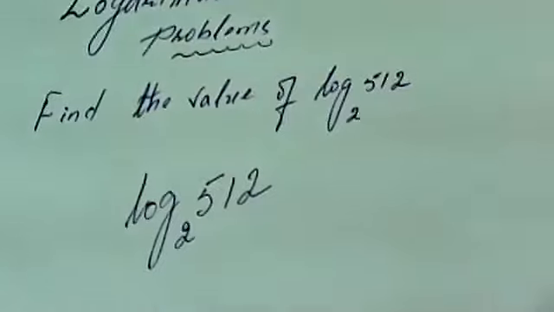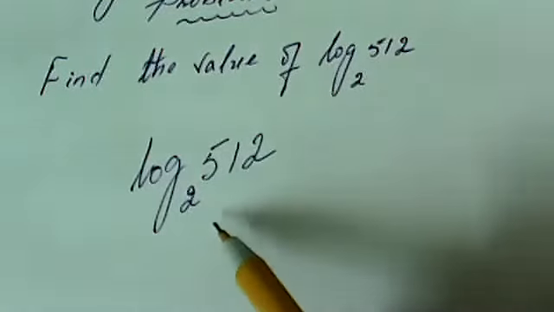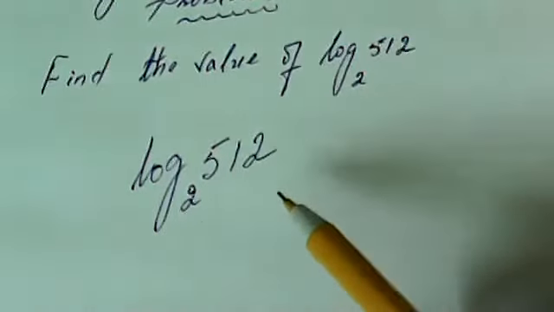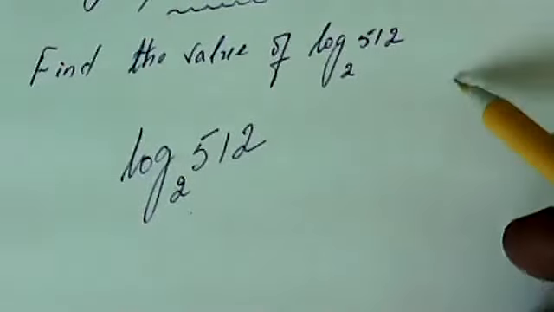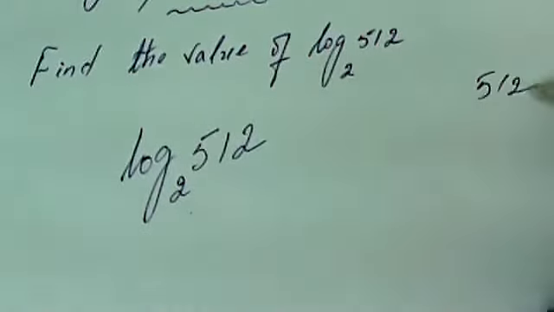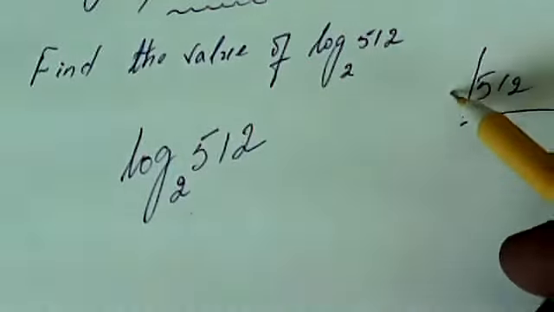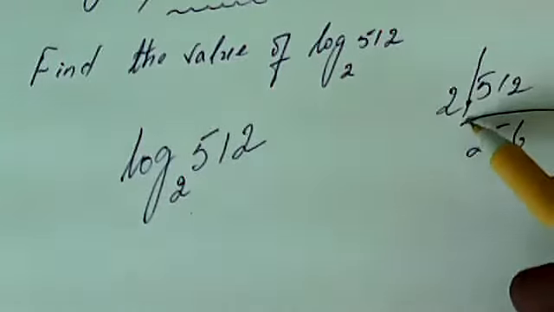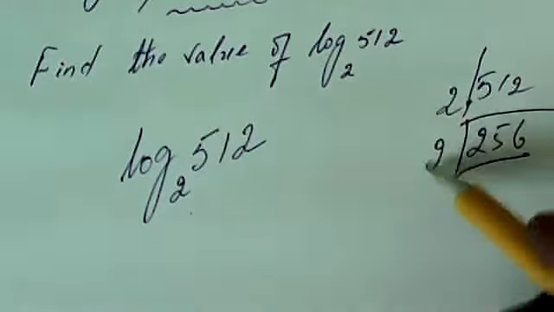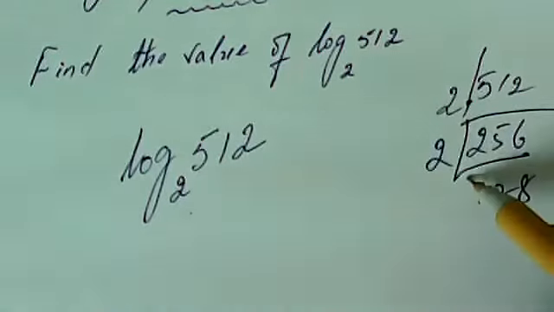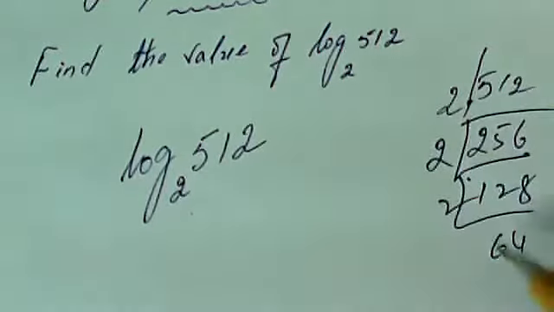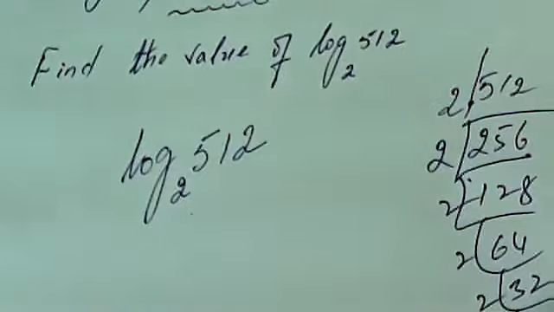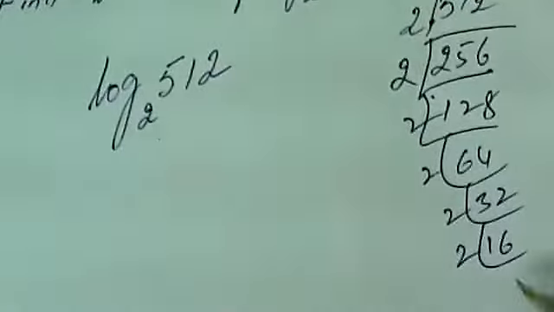For this, look at the base. The base is 2, so express this 512 as a power of 2. If you factorize 512, we get 2 twos are 4, 2 fours are 8, 2 eights are 16, 2 sixteens are 32, and so on.